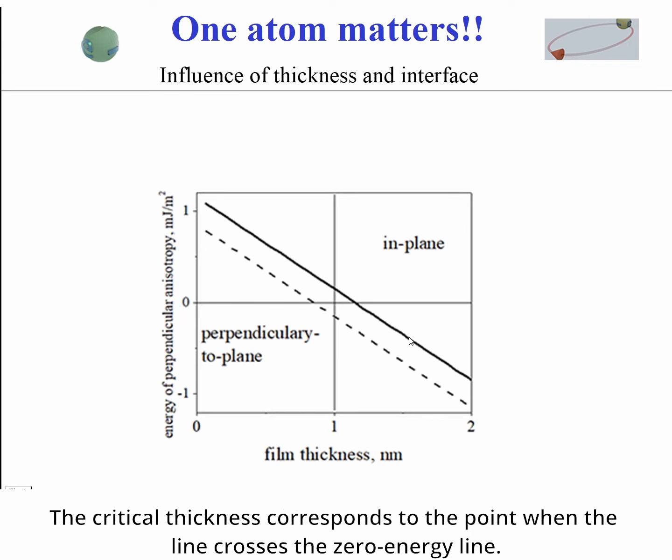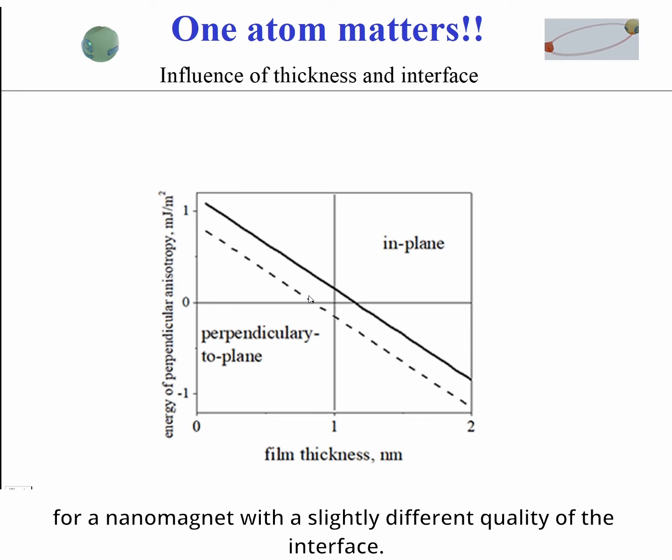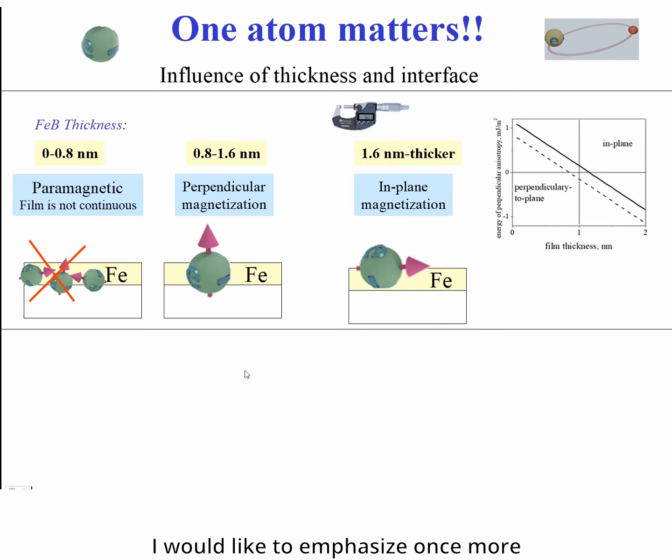The critical thickness corresponds to the point when the line crosses the zero energy line. The solid and dashed lines correspond to calculations for a nanomagnet with slightly different quality of interface. As you can see, the critical thickness substantially depends on the quality of interface.